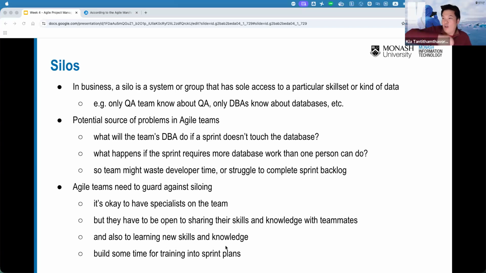For example, let's say one team member says, I'm so good at the AI coding agent. Let's set up one day, and I'm going to teach you how to use the AI coding agent. So you share the knowledge and bring the team up to the same level as yourself. Then the work will be much more collaborative and everyone is aligned with what you think, and why we need this and things like that.